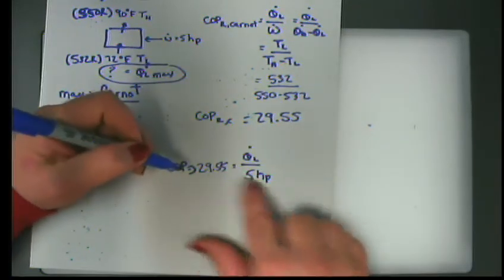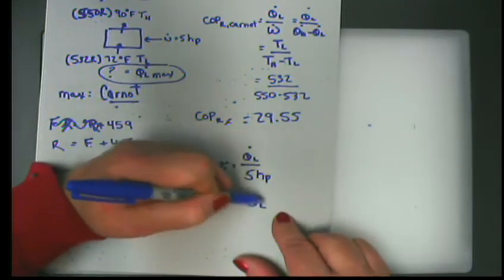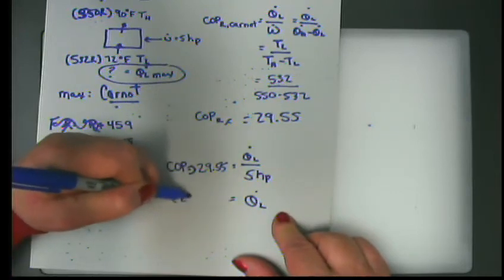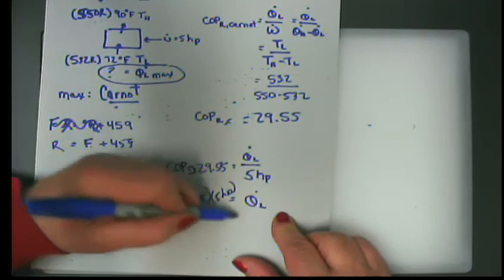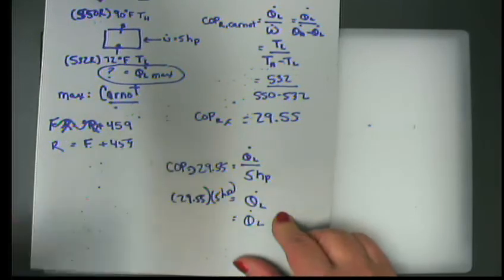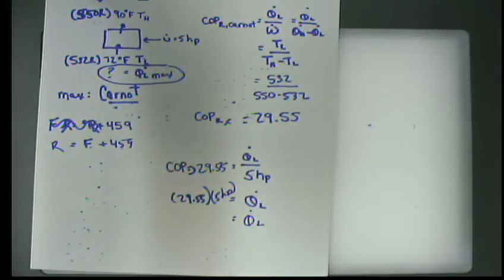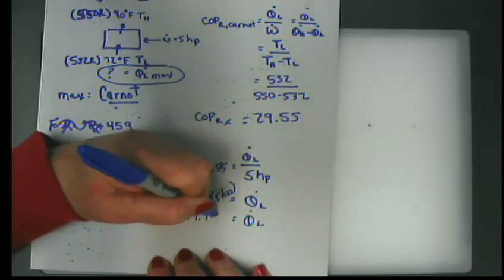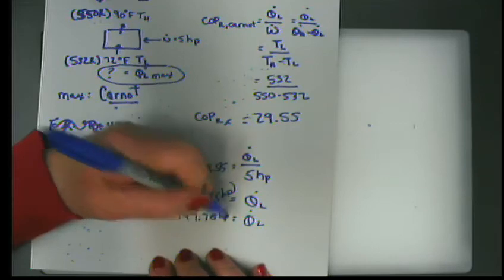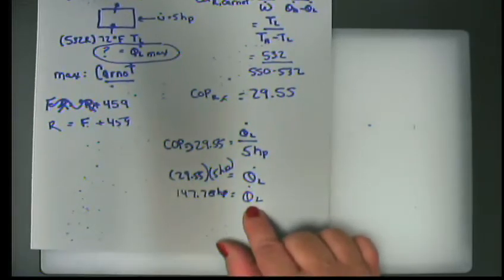So we can use this equation to solve for Q sub L, and we get 29.55 times 5 horsepower. In units of horsepower, which is not a great unit, we multiply that and we get 147.78 horsepower.